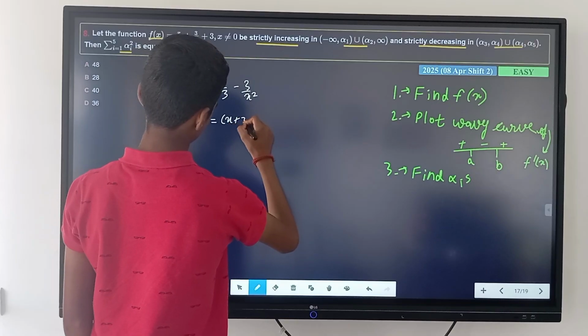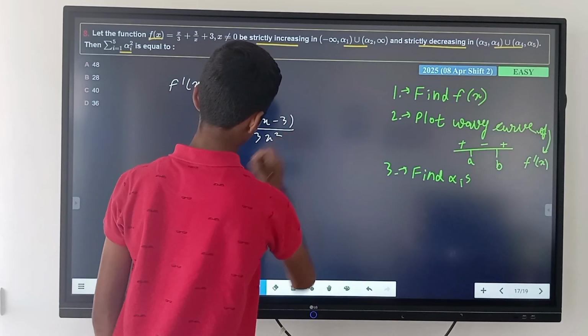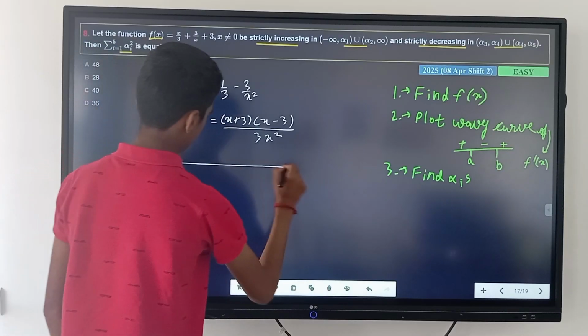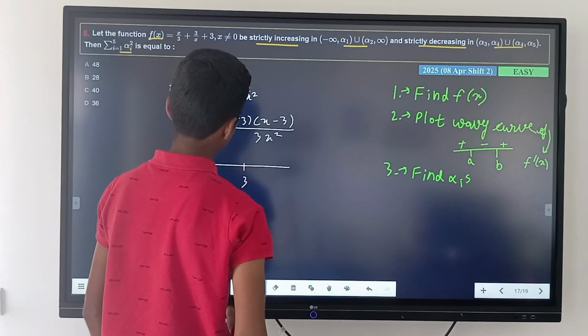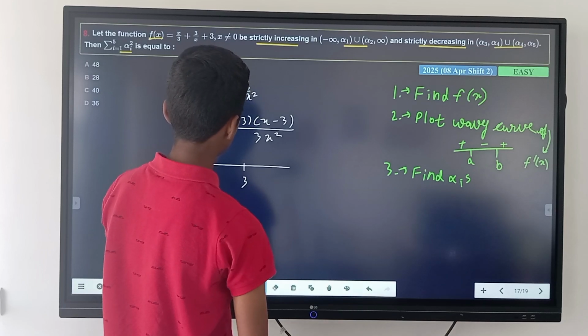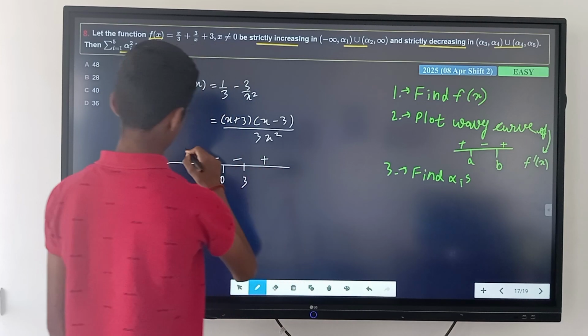We can write x plus 3 x minus 3 upon 3x square. On plotting this, we will get minus 3, plus 3, between 0: plus, minus, minus, plus.